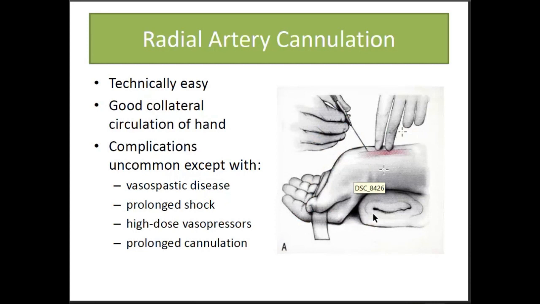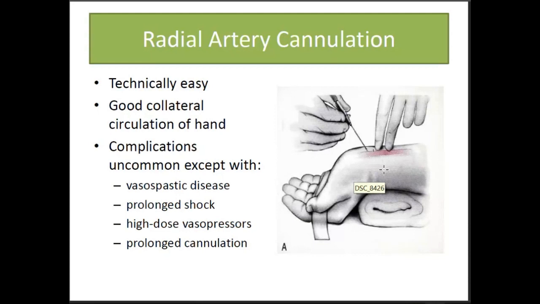So always be aware: do I need to do it? What are the potential complications? What are the contraindications? Assess good collateral circulation of the hand. Complications are uncommon but can happen, for example if you have prolonged shock, high dose vasopressors, prolonged cannulation, or vasospastic disease.